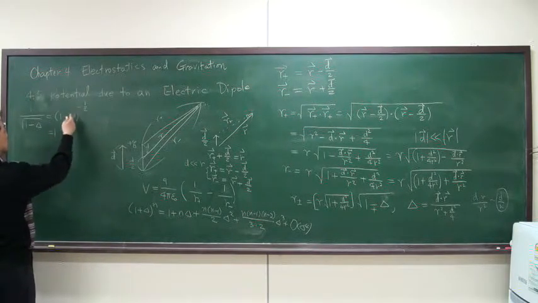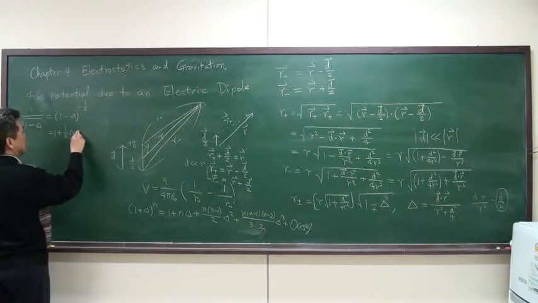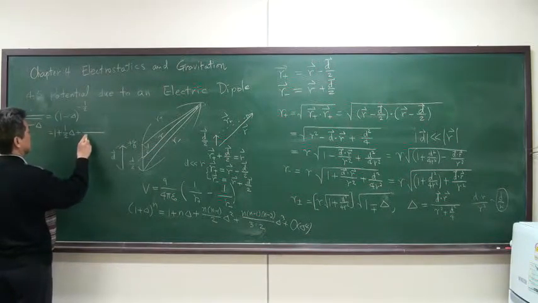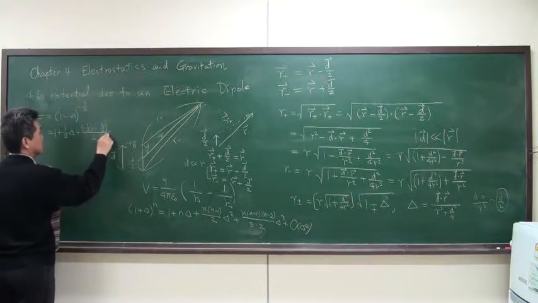So this one is 1 plus 1/2 delta, and then n minus 1 delta.